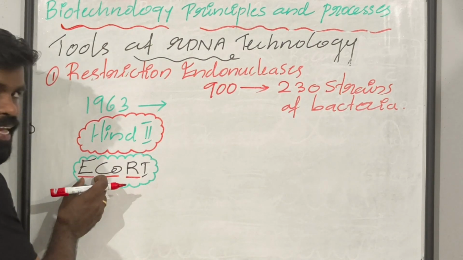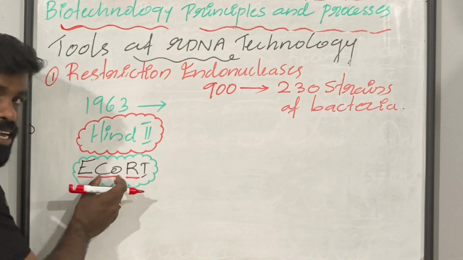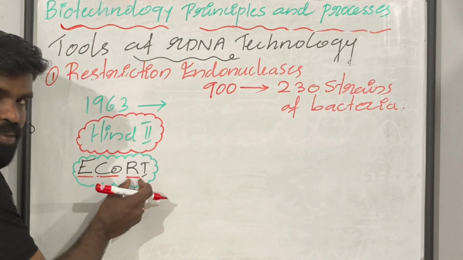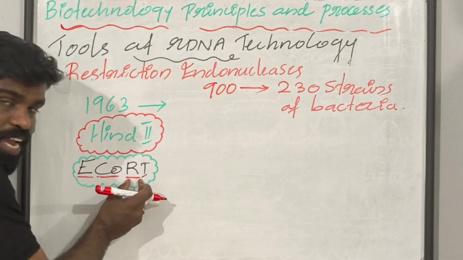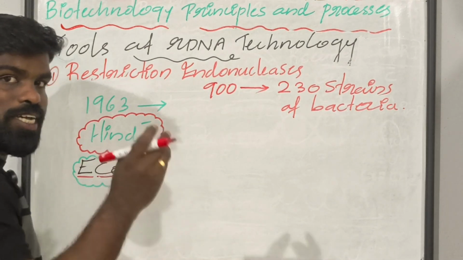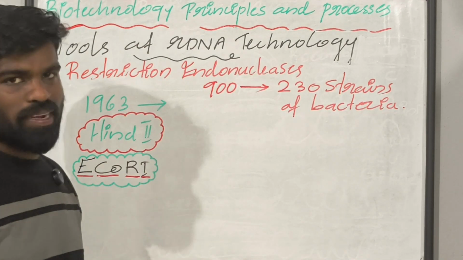So in the naming, the first letter represents the genus name of the bacteria, the second two letters represent the species name, the R represents the strain of bacteria, and the Roman number indicates the order in which this enzyme was isolated from the strain of bacteria.